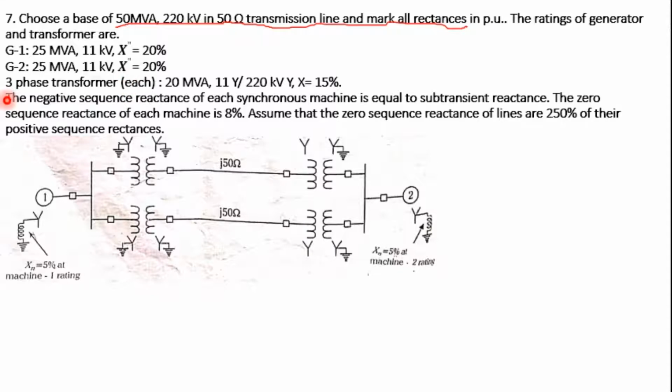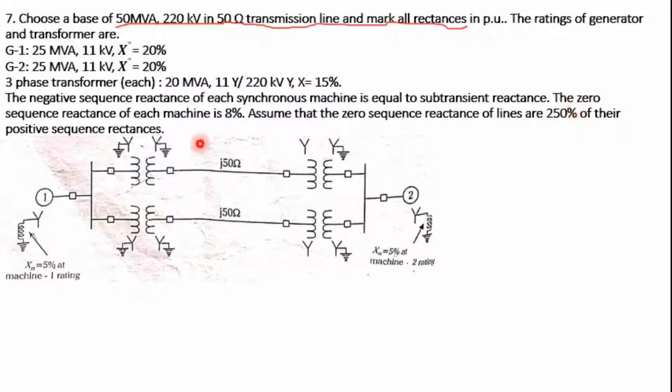We need to observe here that the negative sequence reactance of each synchronous machine is equal to the subtransient reactance. So it means that he is not mentioning the negative sequence reactance separately: the positive sequence is the same as the subtransient reactance and that is also the same as the negative sequence reactance.